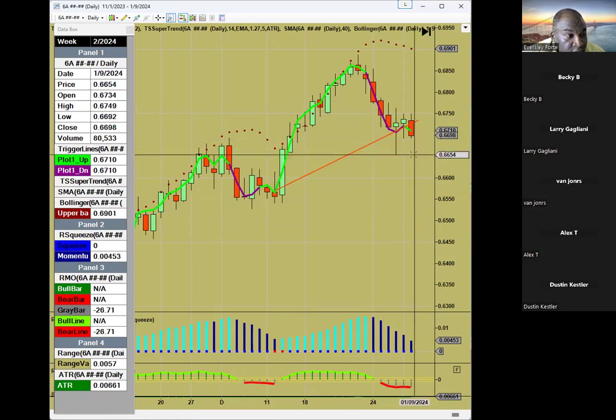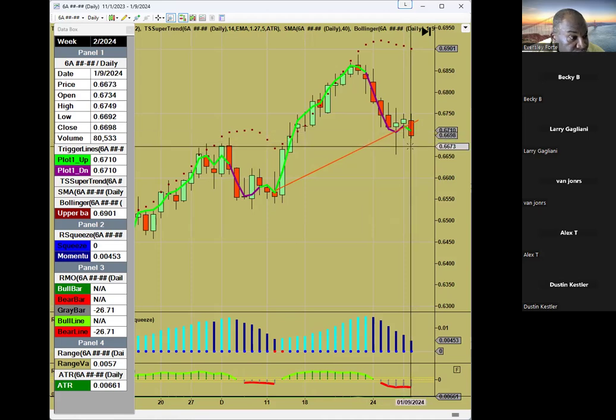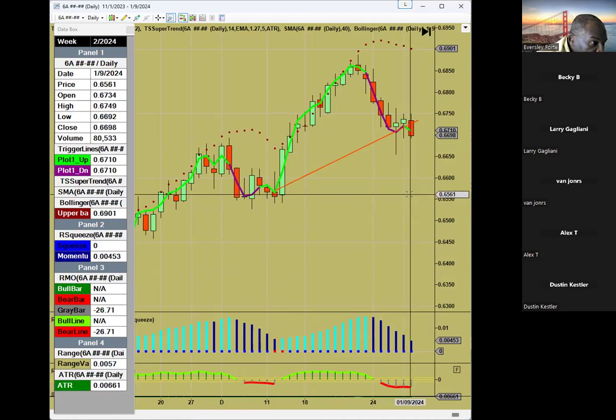I set up an order with an entry. My target is going to be a percentage of the average true range. The ATR of this day is 66 ticks. If you take a look at the data box right here of that day, 0.0066, 66 ticks.